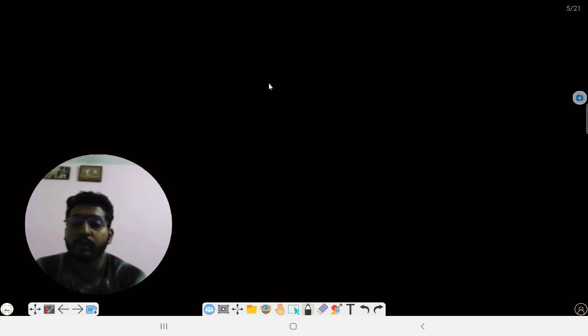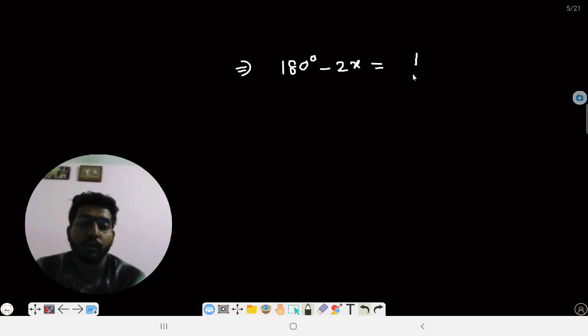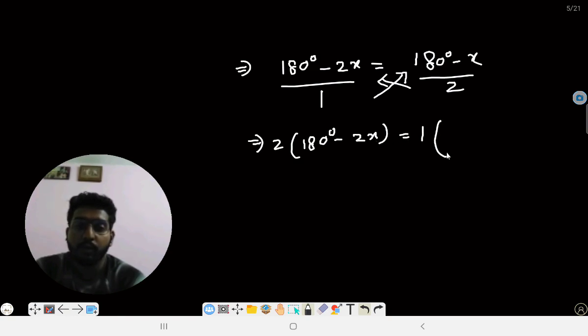So here, if I multiply the 2, that will be 180 degrees minus 2x. On the right hand side, this is (180 degrees minus x) by 2. On the left there is nothing, that means there is a 1. So use the cross multiplication method here. If I multiply 2 here, it will be 2 into (180 degrees minus 2x) and 1 into (180 degrees minus x).